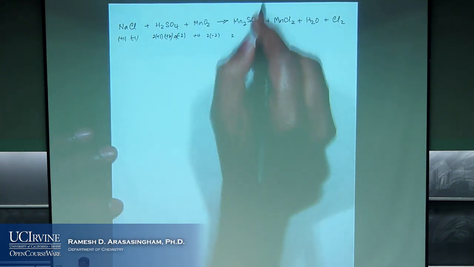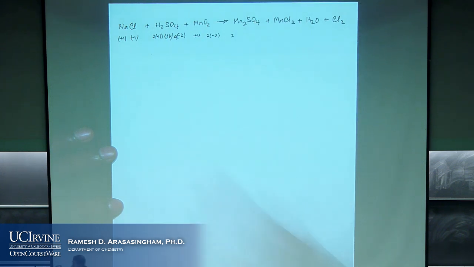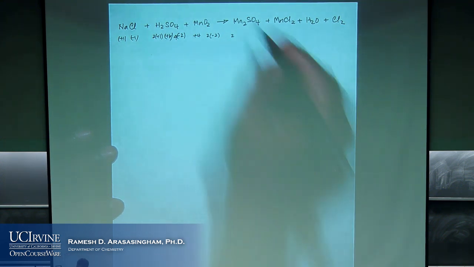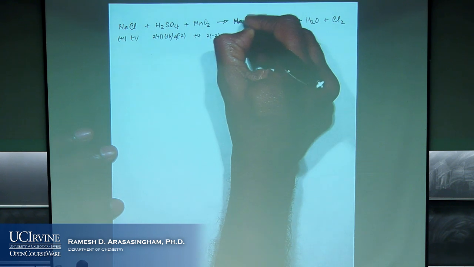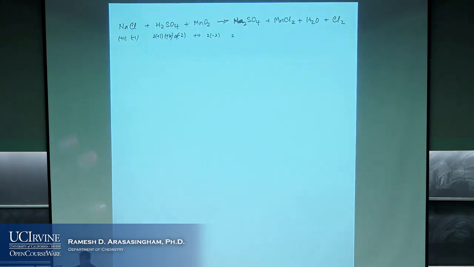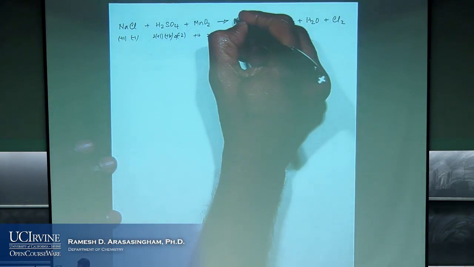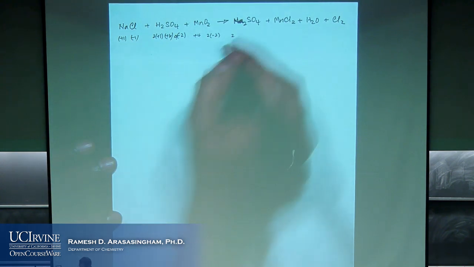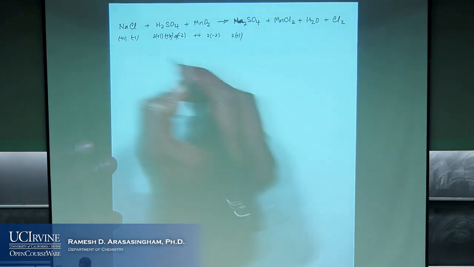Now, the sulfate is SO4. Oh, wait, my formula is wrong. What did I write? Na2, oh, this should be Na2, sorry. There's no charge balance there, and I copied this wrong. Okay, so there are 2 sodiums, each one is +1.